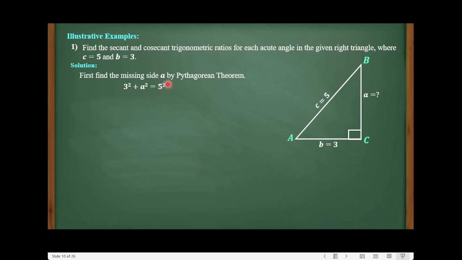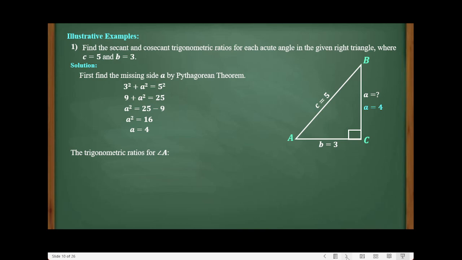And solving this resulting equation for a, so a here, which is the vertical leg, has a length of 4. And at this point, we can now define the secant and cosecant of both angles A and B.